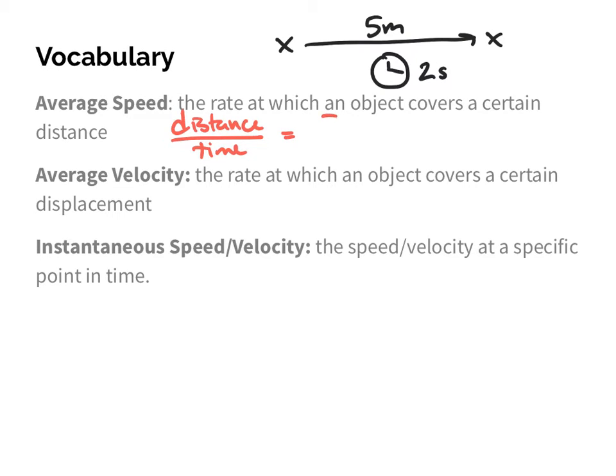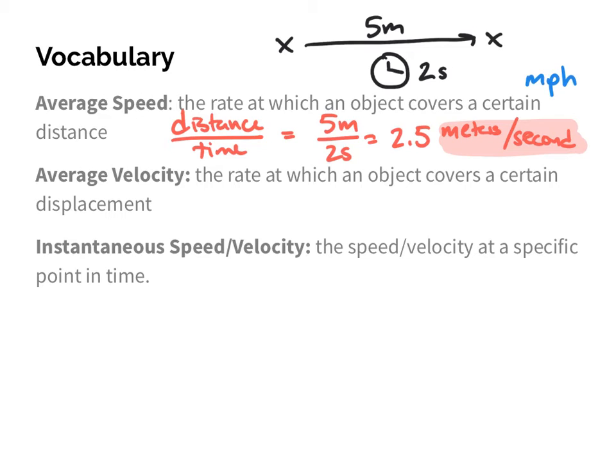My speed would be 5 meters in 2 seconds, which would result in, I'll just write this as a decimal, 2.5 meters per second. So very quick in terms of units, how we describe speed, you're going to see meters per second. You might also be familiar with miles per hour. That's how we use it in the US system. But we're looking at how many meters you travel in a second.